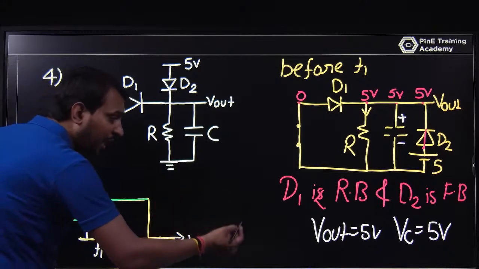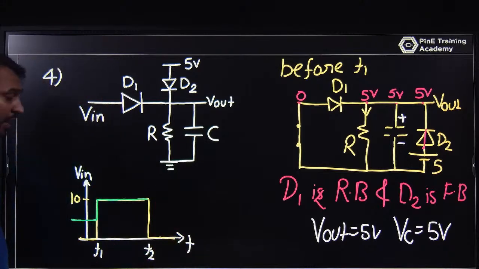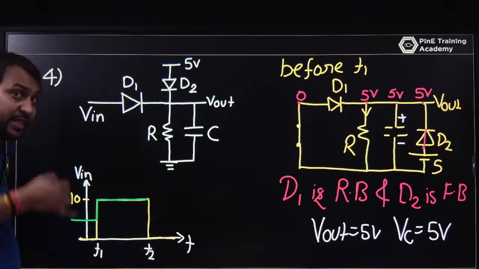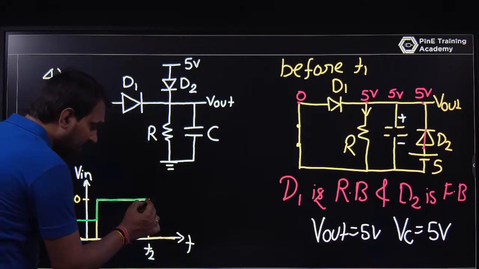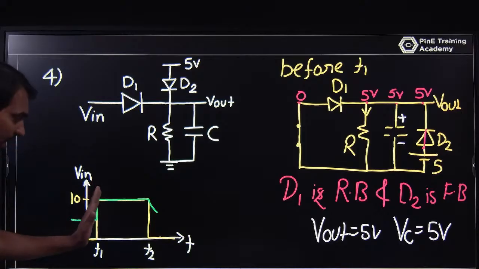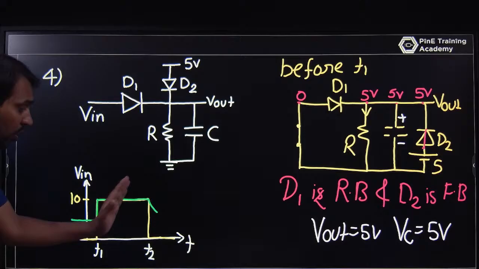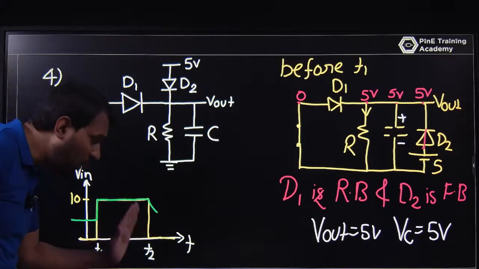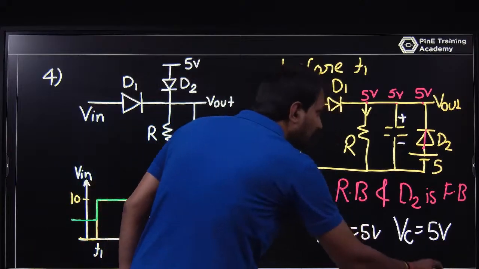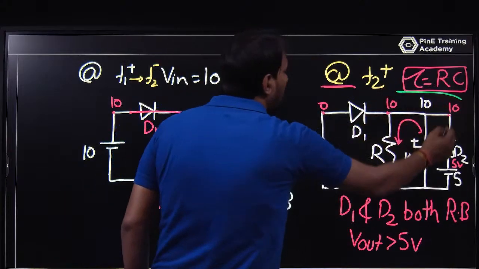And just after T2 plus, D1 and D2 will be reverse biased and the capacitor discharges with the tau time. So before T1, after T1 there is a sudden change, rapidly changing from 5 volt to 10 volt. But after T2, it has a time constant. The capacitor is discharging with tau equal to RC.